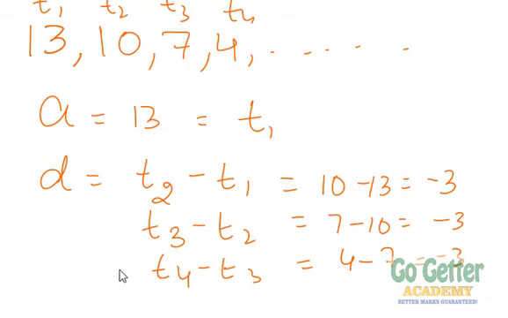So my D is negative 3 all the time and my A is 13 here. Because there is a common difference, this sequence 13, 10, 7, 4 is in AP. Had this difference not been common, this would not have been AP.